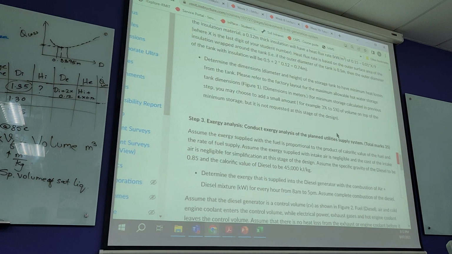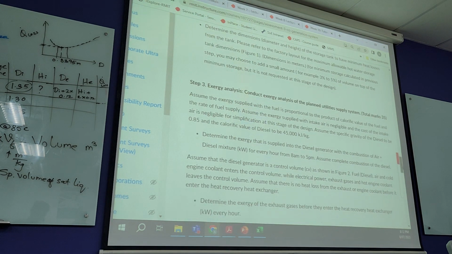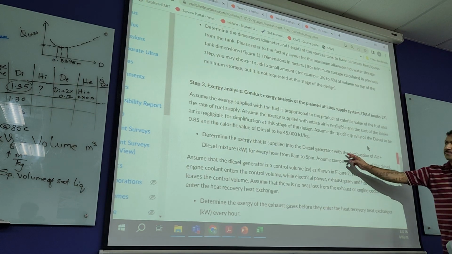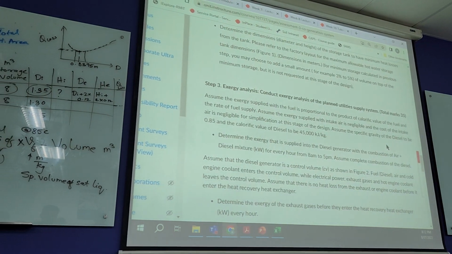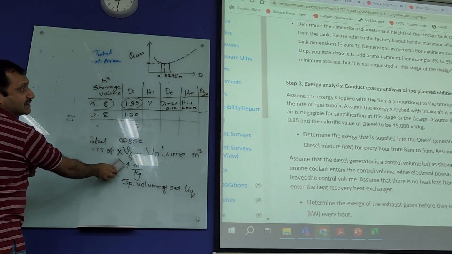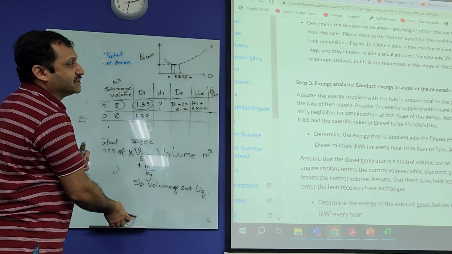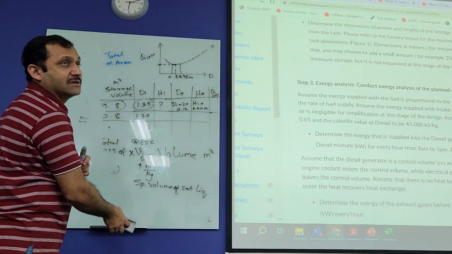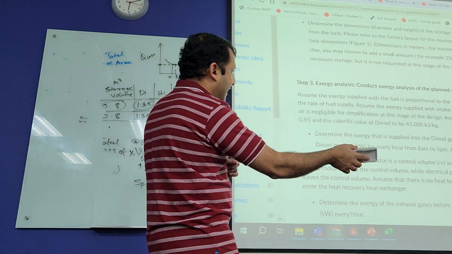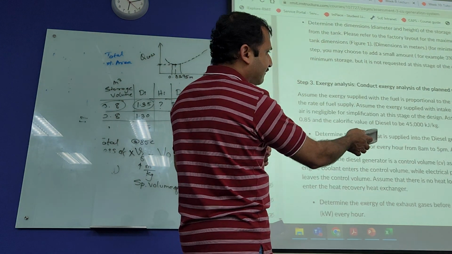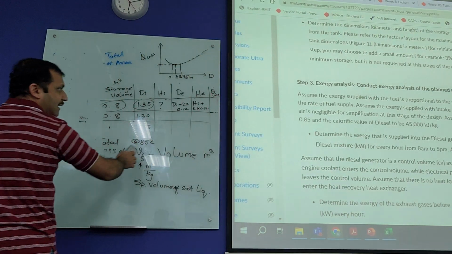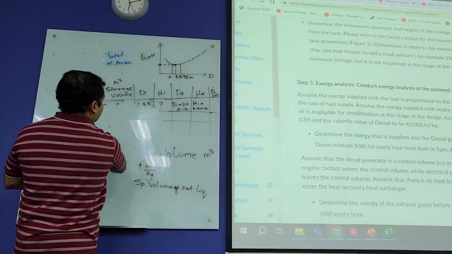So most of you have finished that part. Now we start with exergy analysis. In exergy analysis, step 1 is quite straightforward. It's asking you to determine the exergy that is applied into the diesel generator with the combustion of air and diesel mixture in kilowatts for every hour from 8 a.m. to 5 p.m. Assume complete combustion of the diesel.